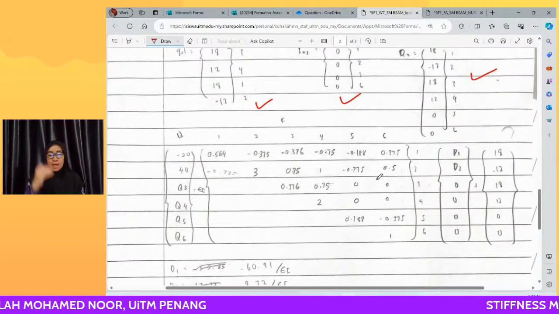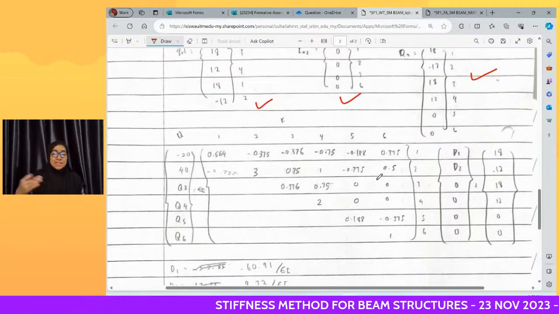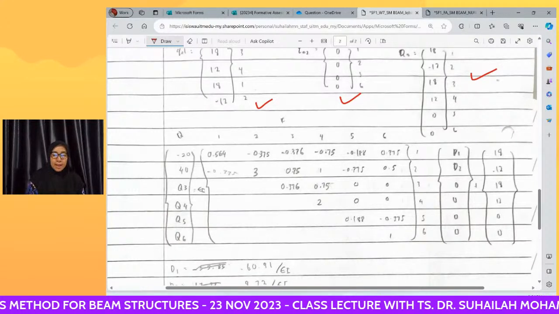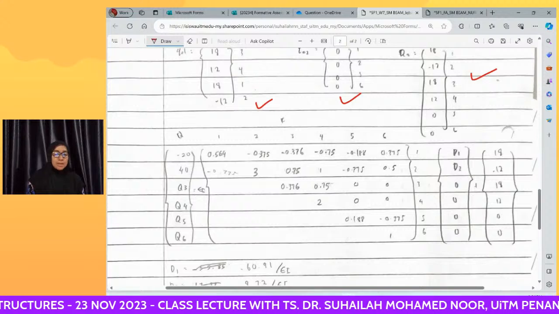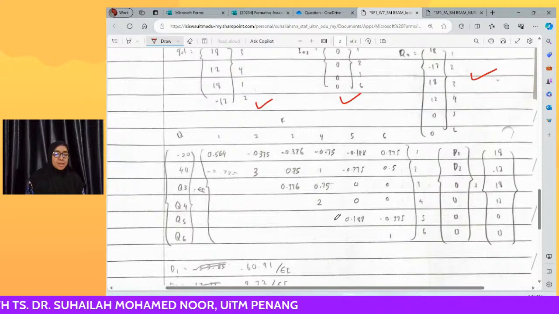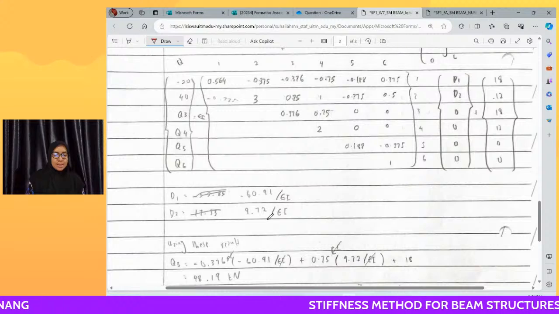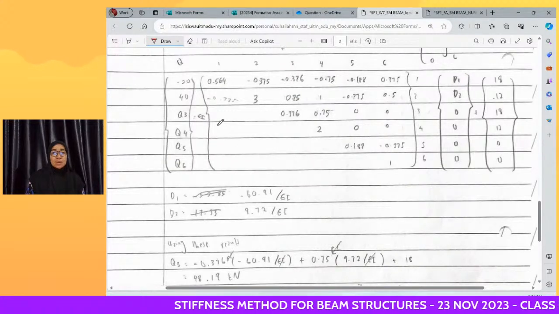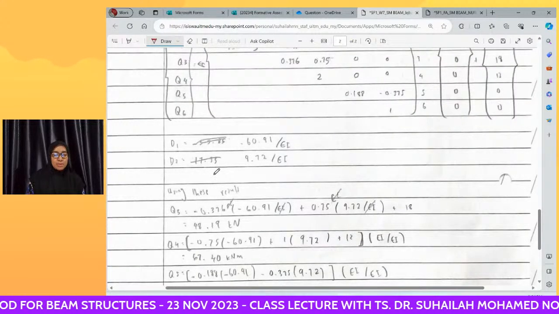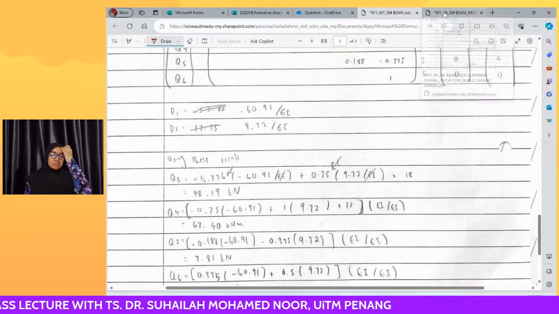So this is in full the force displacement equation, or stiffness equation. EI, 1, 2, 3, 4, 5, 6, D1, D2, Q naught. And then the D value over EI, if EI is not given. If EI is not given, then EI will be cancelled when you calculate the reaction.